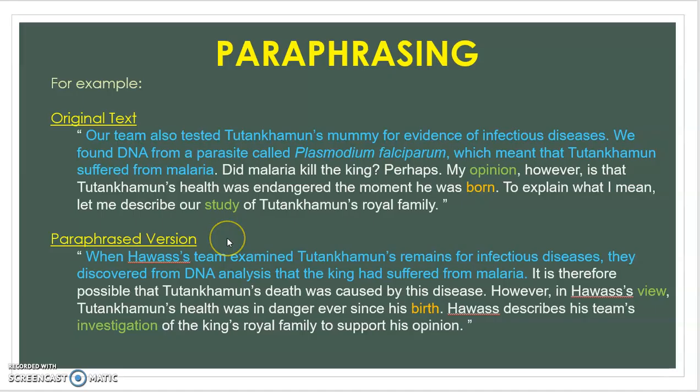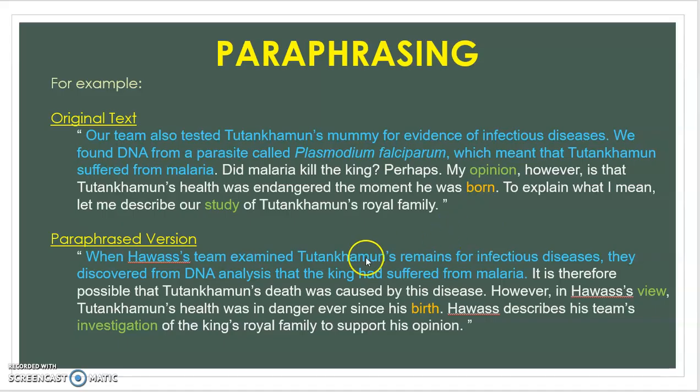If you have a look at the original text, the one in blue here, there are actually two sentences, but in the paraphrased version, the first two sentences in the original paragraph above are combined into one sentence by using the word when and the word they.